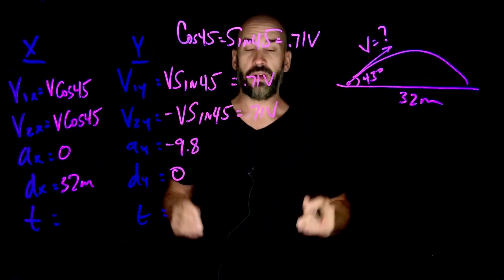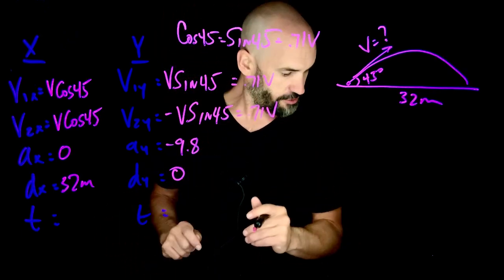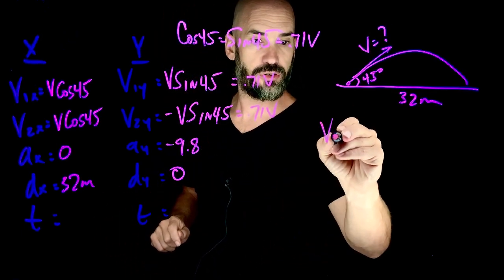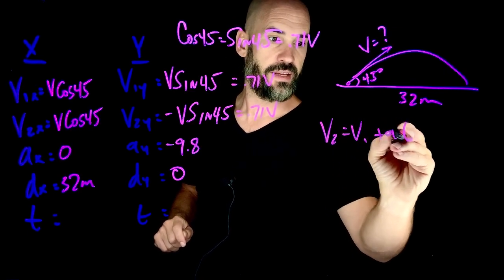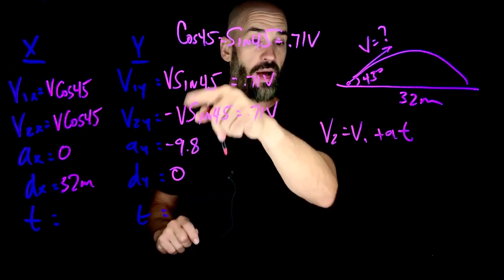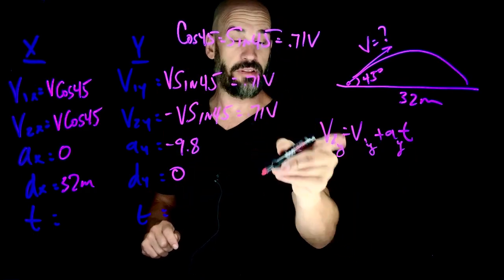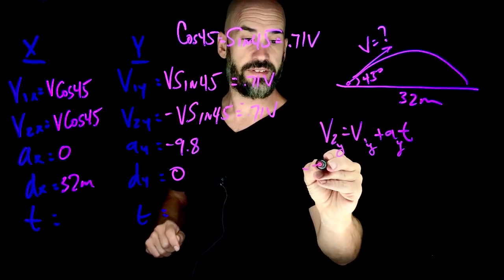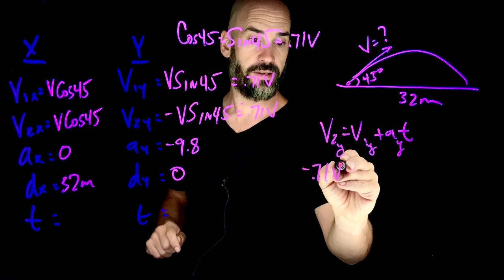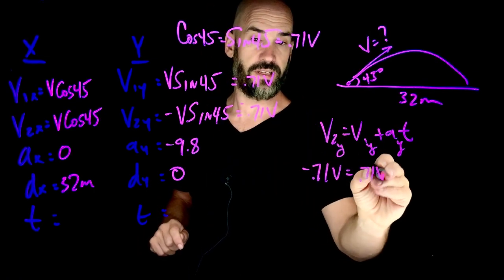Now, let's do what I recommend that we always do. Find time first. All right. I like to use the classic v2 equals v1 plus at. And once again, since this is all the y dimension, I'm going to put little y's here. So I know that v2y is negative 0.71 v. v1y is going to be positive 0.71 v, right?